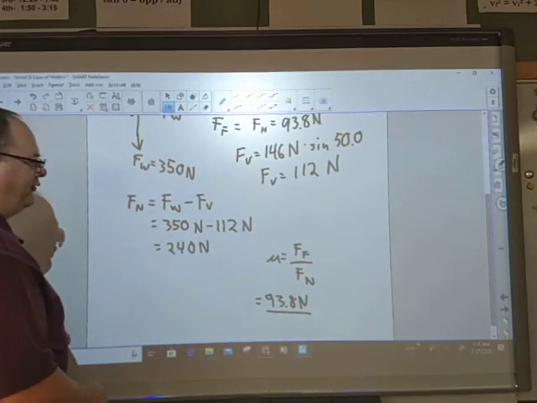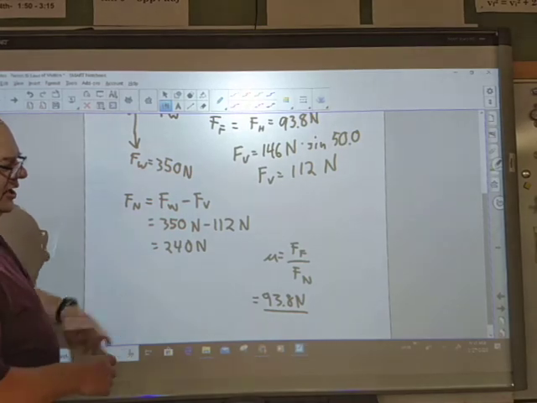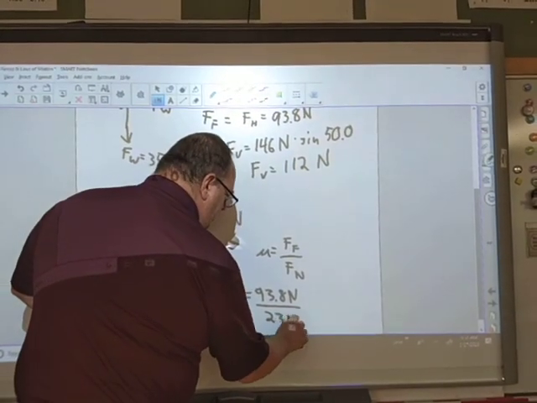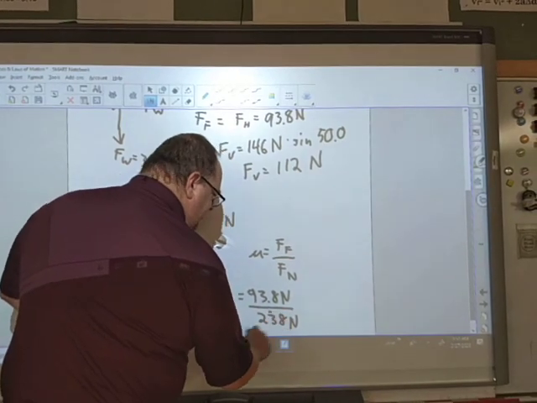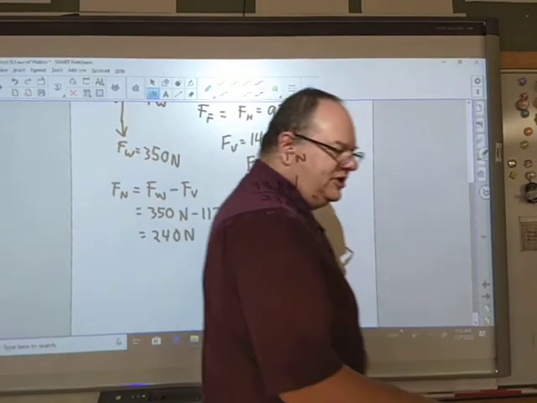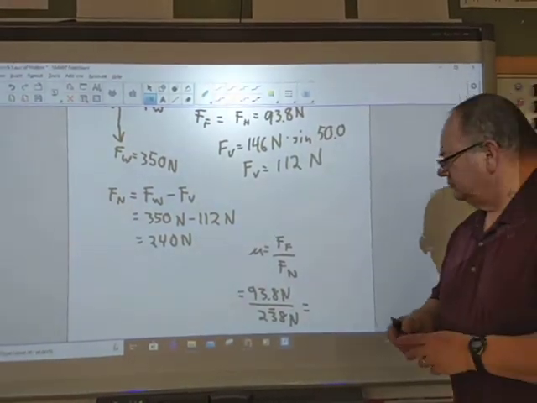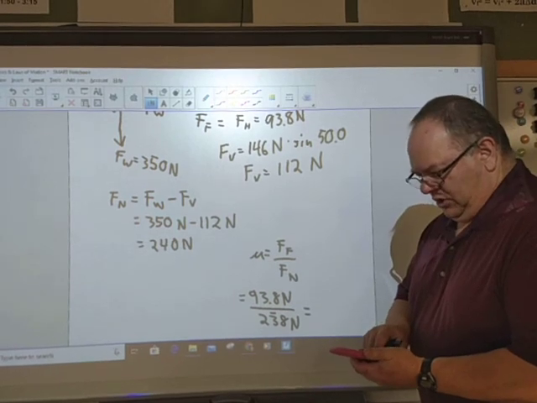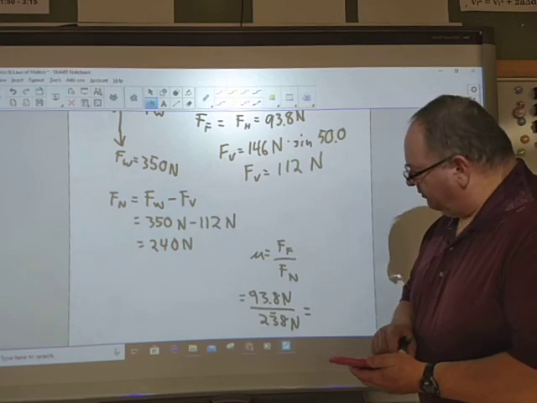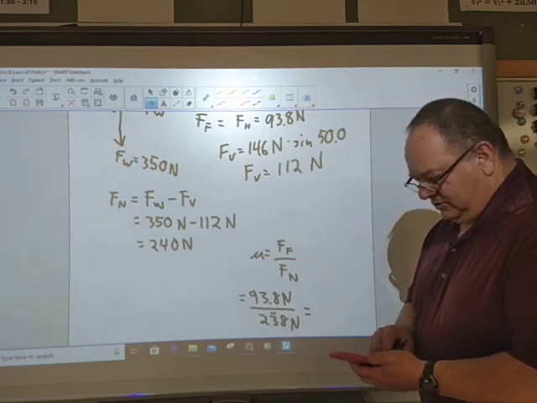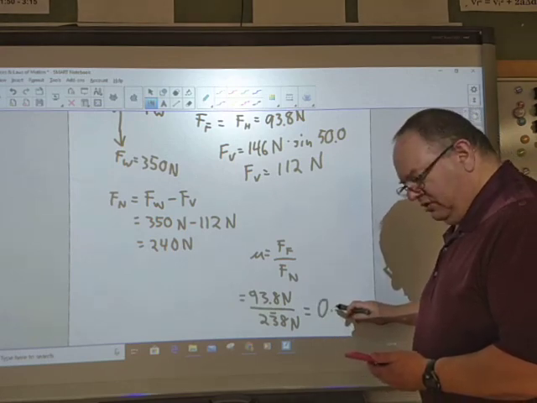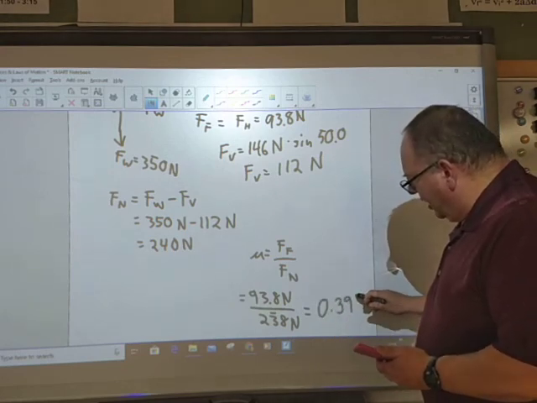My normal force, I'm going to go ahead right now and use the 238 newtons in here, but remind myself that that only has 2 sig figs, and I'll round it off to 2 sig figs at the end again. 93.8 divided by 238 equals, and our coefficient, 0.39.